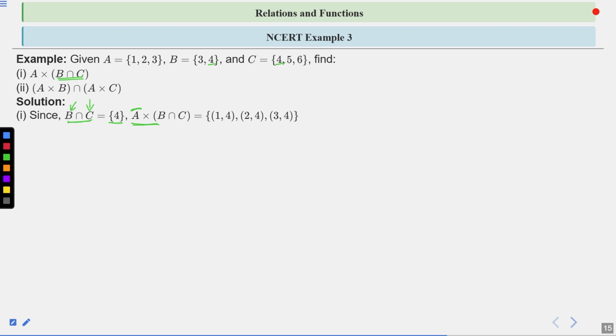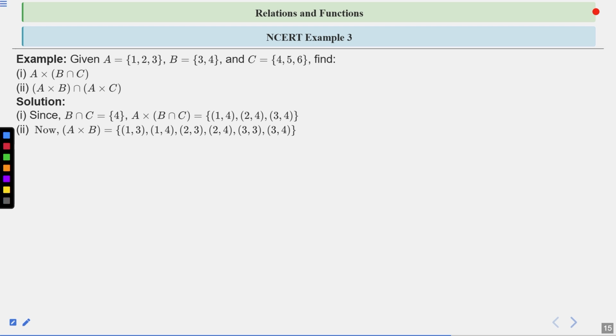In set A you have 3 elements. In B intersection C you have just 1 element. So in total in this Cartesian product you are going to have 3 pairs. In each pair the first element must belong to set A and the second element must belong to B intersection C. So your pairs are (1, 4), (2, 4) and (3, 4). Clear?